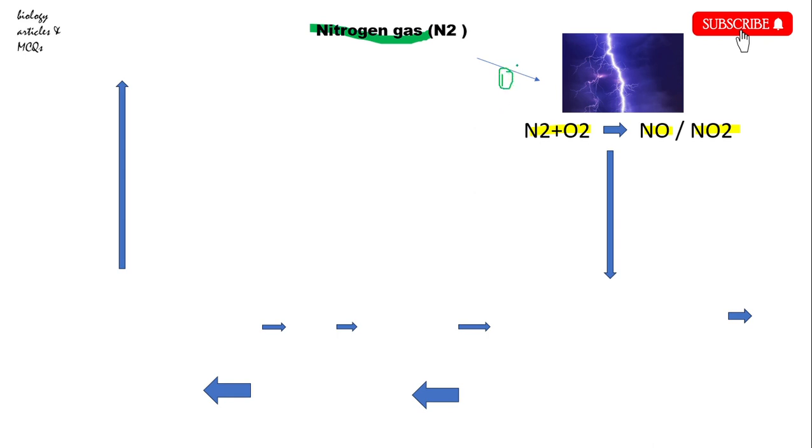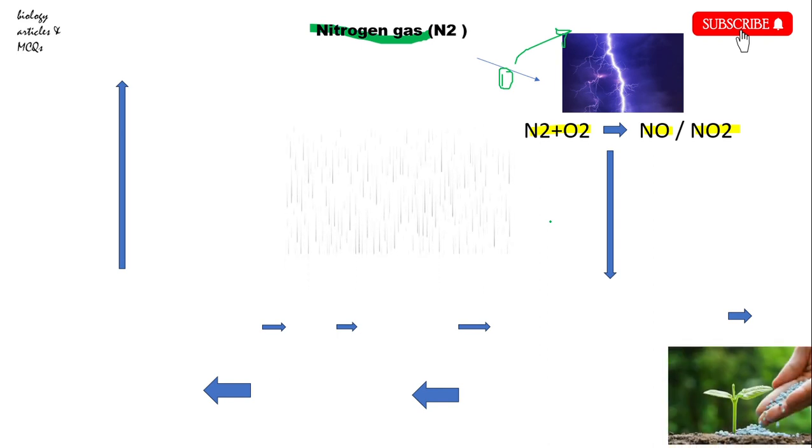So in order to fix the nitrogen, the first thing we studied is that it can be fixed with the help of lightning. But sometimes nitrogen can also be fixed with the help of different industrial processes.